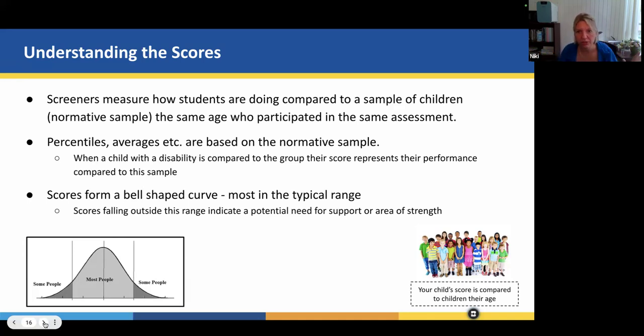All of our tests are designed to follow that normative curve, using that normative sample, with the caveat that some of our screeners, like DIBELS, for example, I know you can use what's called a local sample. That would be comparing your child's performance to other kids in the school or in the grade that your kid is in. But for the most part, we're using this national sample to compare student progress.